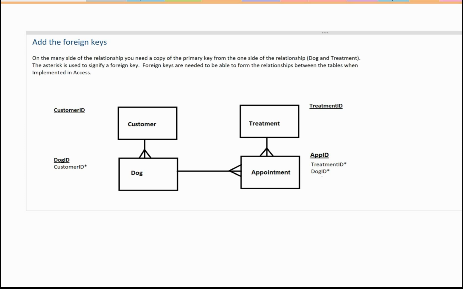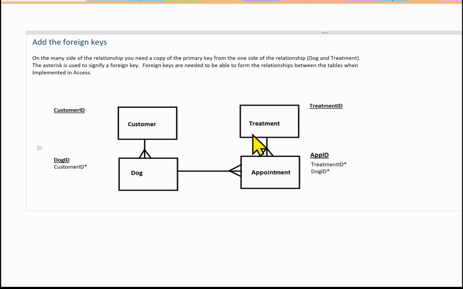So let's just have a look at this in a bit more detail. If we look at this many relationship here on the dog side, what we're saying is we need to go to the one side of the relationship, that's customer, pick up the primary key, customer ID, and put that in our dog entity as a foreign key. So there we see customer ID with the asterisk after, which signifies a foreign key.